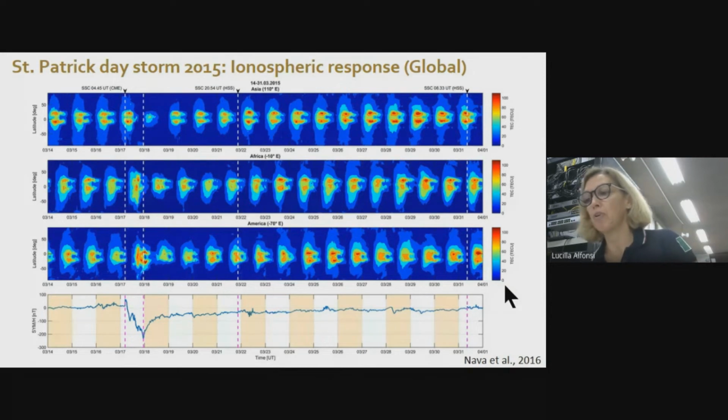This picture, again from Nava and co-authors, shows the evolution of the ionospheric equatorial anomaly.